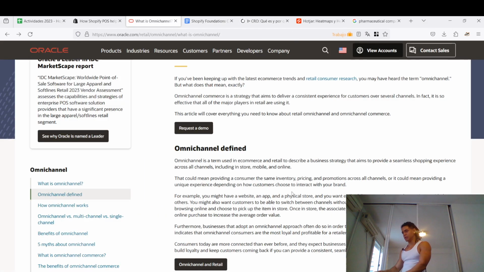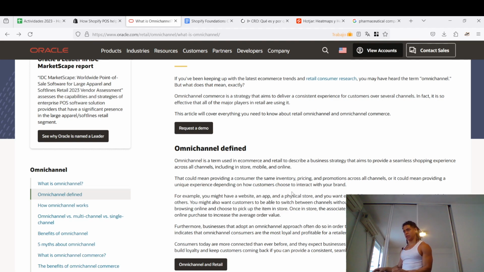Okay, so this could mean providing a consumer the same inventory, pricing, and promotions across all channels, because consumers don't want to find that on their mobile phone they have a particular price, and when it comes to the in-person store, there is another price. It's like, what are you doing?